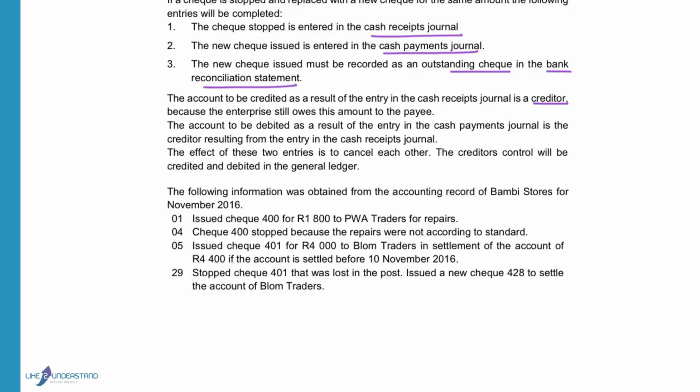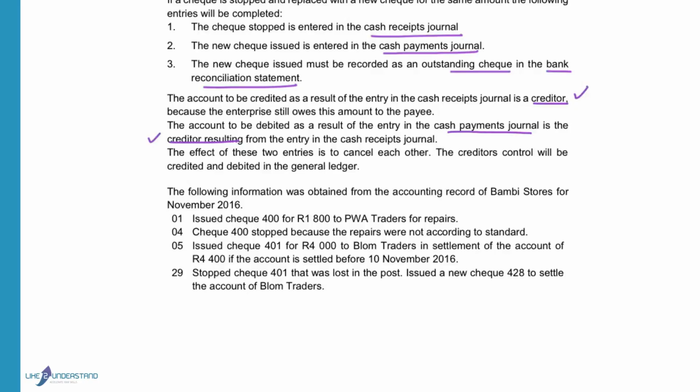The account to be debited as a result of the cash payments journal is the creditor resulting from the entry in the cash receipts journal. So if you issue a new cheque, you will record it in the cash payments journal, and now you will pay this creditor that you created when you cancelled the cheque, because you are giving him a new cheque.